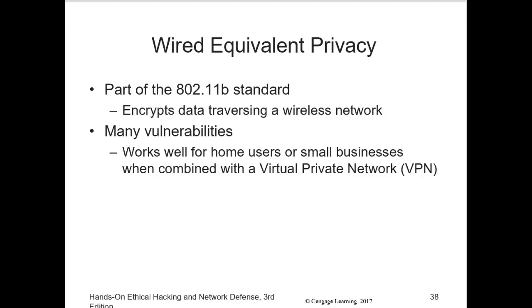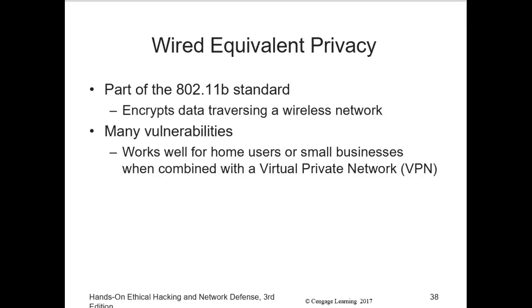So again, WEP was the first encryption algorithm in the 802.11 standard. It had one main goal, which was to prevent hackers from snooping wireless data as it was being transmitted between the client and the access point.